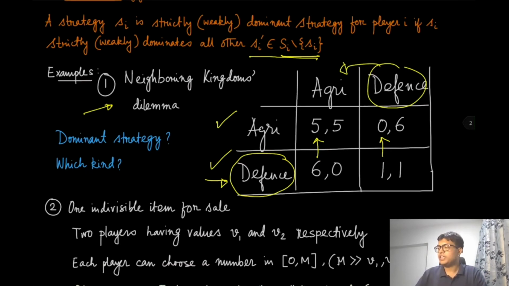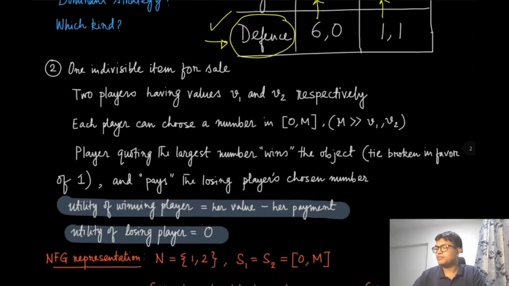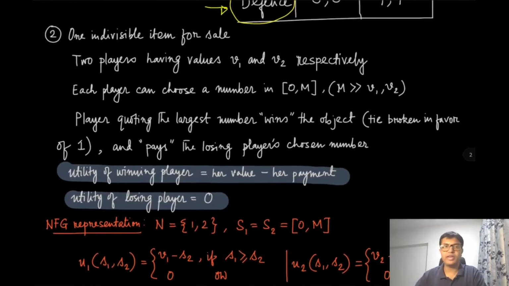Okay, so let's now look at another example, and presumably you might have guessed by now that we are going to give an example of a weakly dominant strategy. So the example is as follows. You have one indivisible item for sale. Let's say we are trying to sell a painting, and there are two players who value this item with these numbers V1 and V2 respectively.